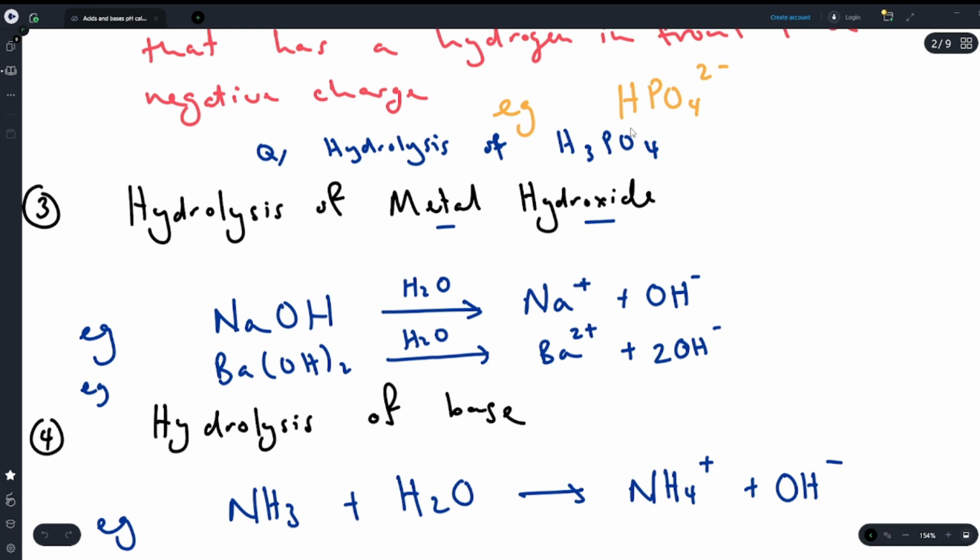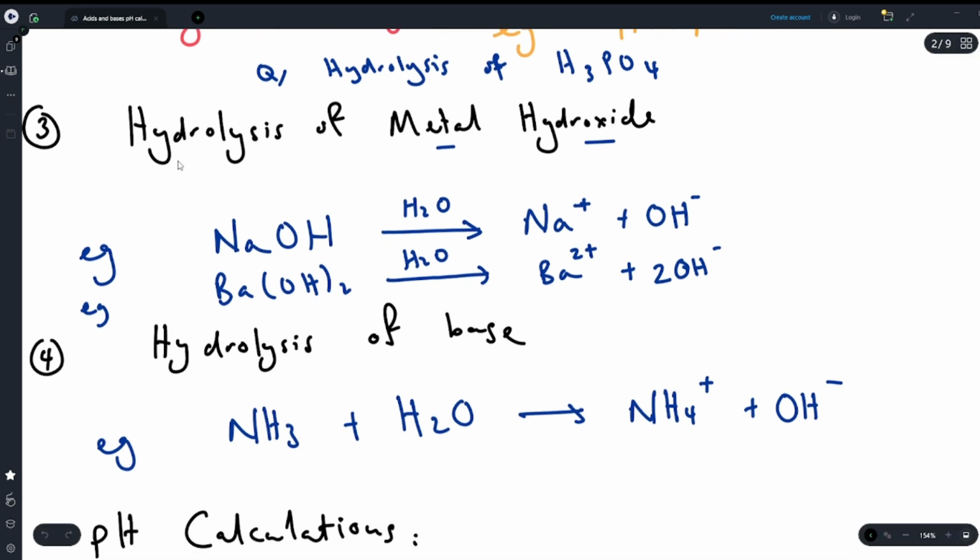But so far, we've been focusing only on the hydrolysis of acids. What about bases? We're going to look at 2 classic examples: the hydrolysis of a metal hydroxide, just any typical base. The way we write down the hydrolysis reaction is a little bit unique.